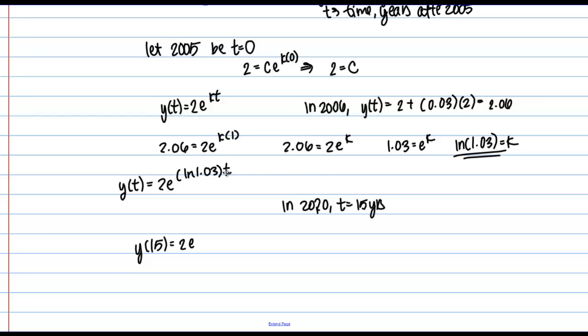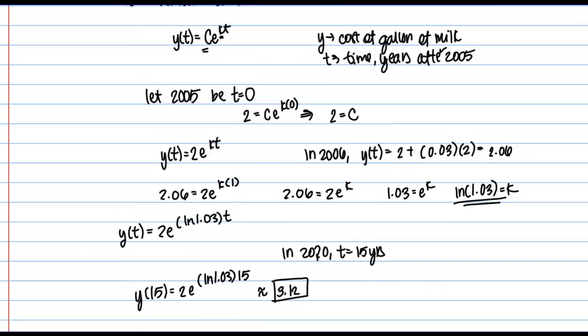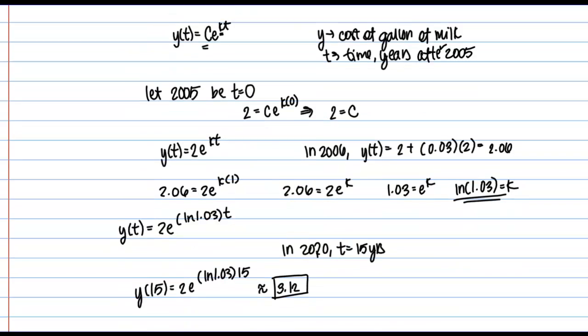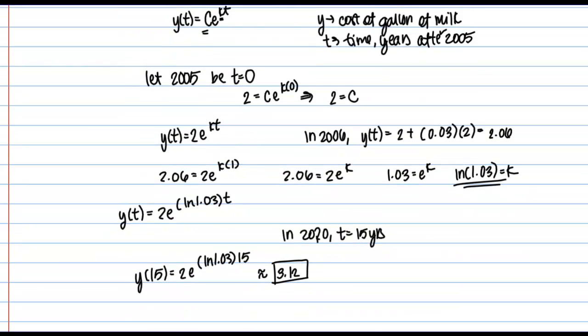So 2e to the natural log of 1.03 times 15. And that equals approximately $3.12. Okay, so that's about how much we can expect a gallon of milk to cost in the year 2020, assuming that the inflation rate remains constant.